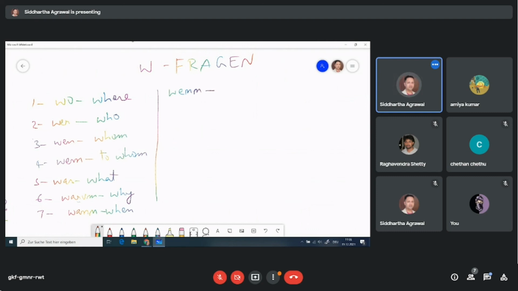Make sure you don't confuse these two, wann and wenn. Then, sorry, this was the eighth. The ninth is woher, that is from where. Then the tenth one is wohin, and this means where to.